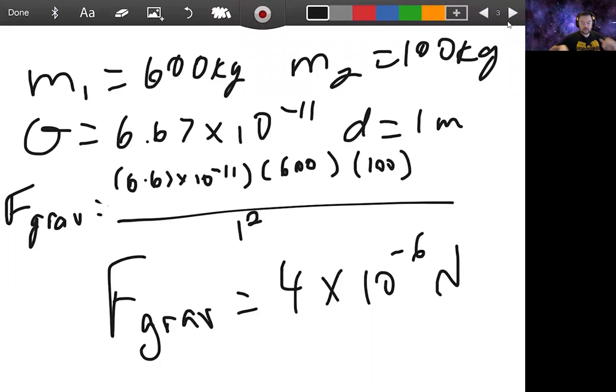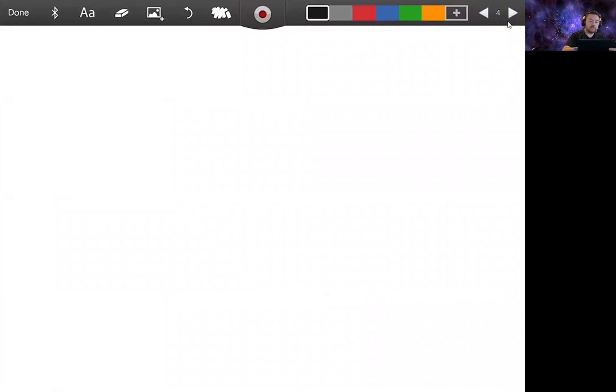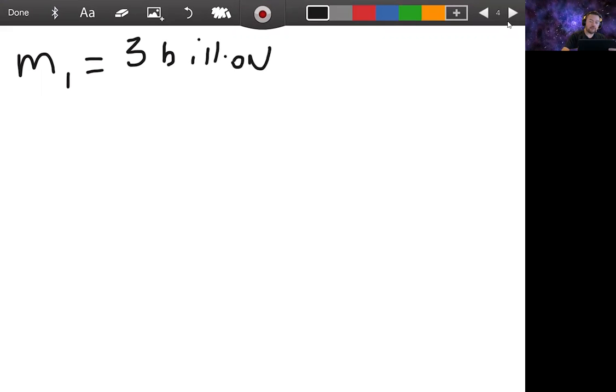So I think on the previous problem, the force of gravity was like 4 times 10 to the minus 11. So very, very small. To get appreciable forces between these objects, they have to be so much bigger. So let's kick it up. Let's go with 2 objects. First object has a mass of, let's say, 3 billion kilograms.